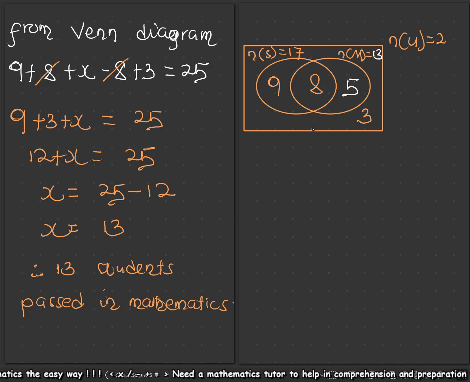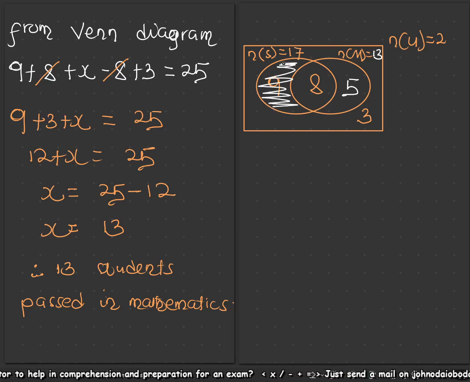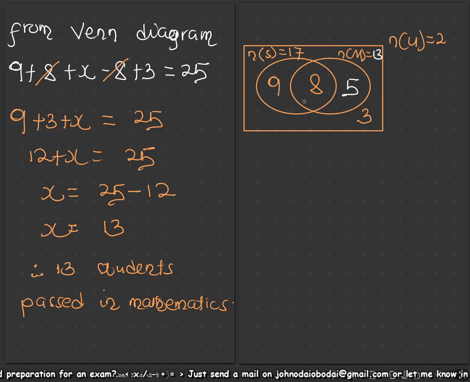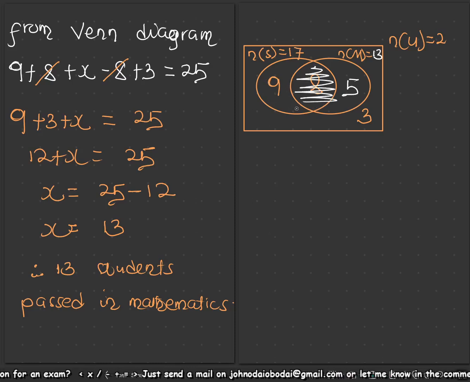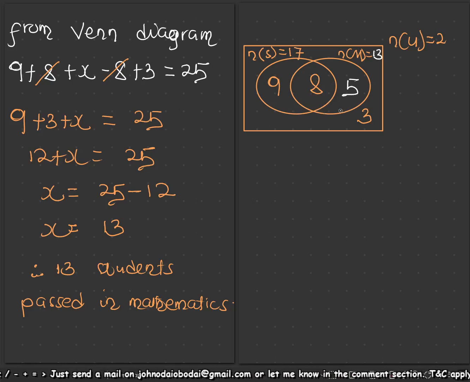Now, to answer the second part of the question, which says how many passed only one subject, you need to understand the various portions. This side here passed in science, but specifically only in science. And this side here, some passed in science and also passed in mathematics, so they have passed in 2 subjects.